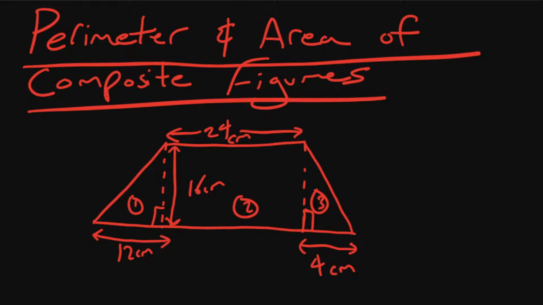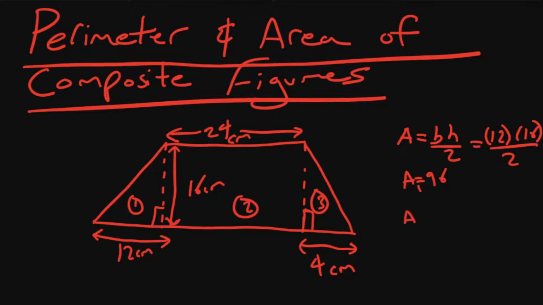So I'm going to use the area formula for a triangle, base times height over 2, and in this case for the first one the base is 12 and the height is 16, and we divide those by 2. So that should be 96.